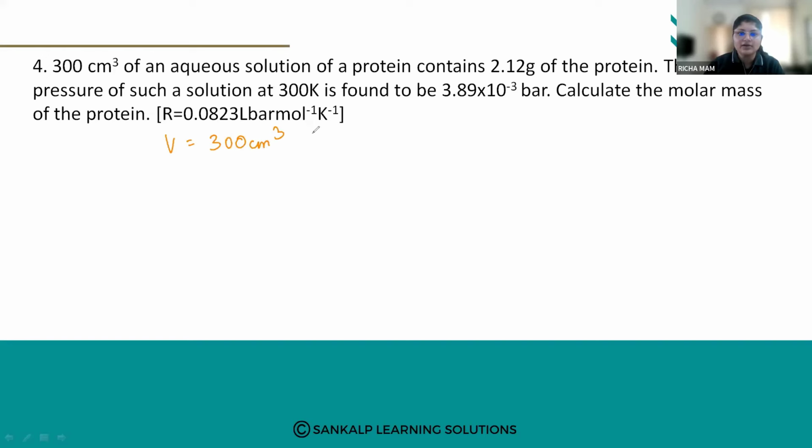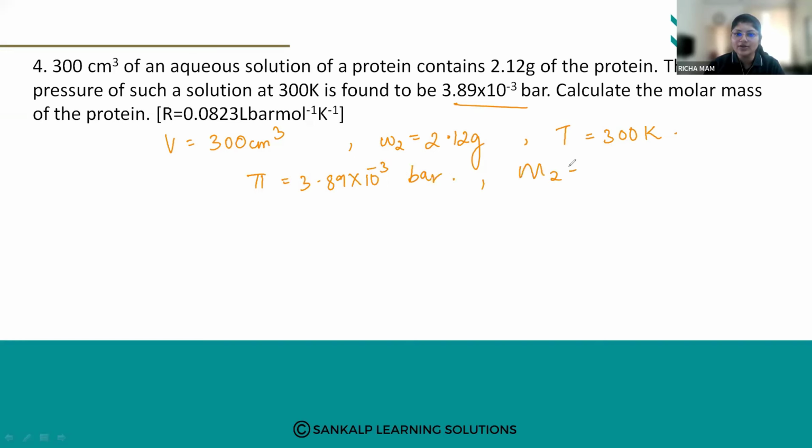W2, mass of the solute, is 2.12 grams. Temperature is 300 Kelvin. Pi is equal to 3.89 into 10 raised to minus 3 bar. You have to calculate the molar mass of the solute.